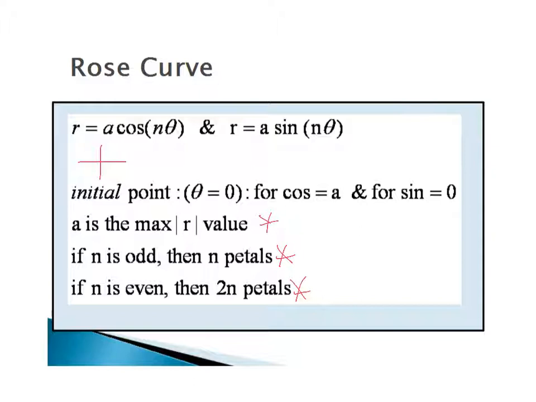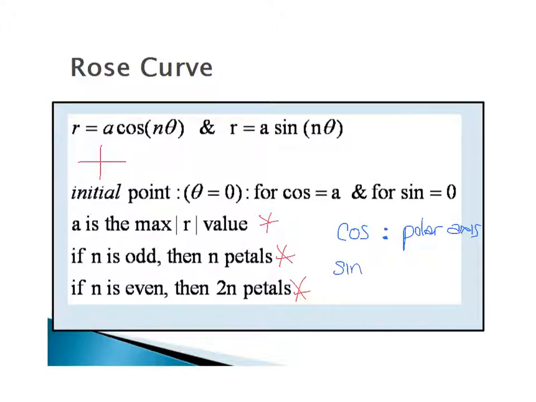If you're going to try to graph this without making a table and without a graphing calculator, the other thing that you should maybe start to notice is if it's a cosine, think of your unit circle: cosine is always your x value. This is always going to have polar axis symmetry.